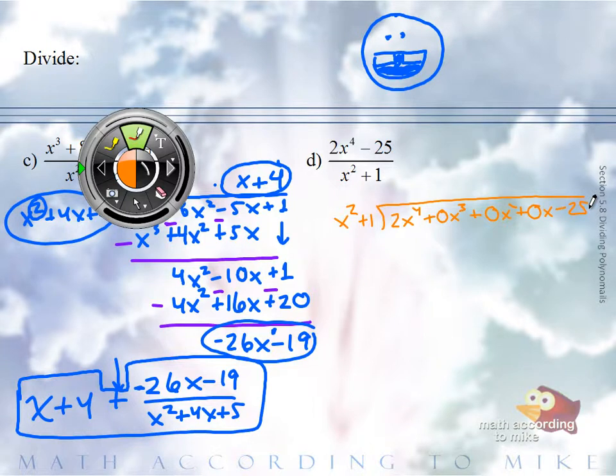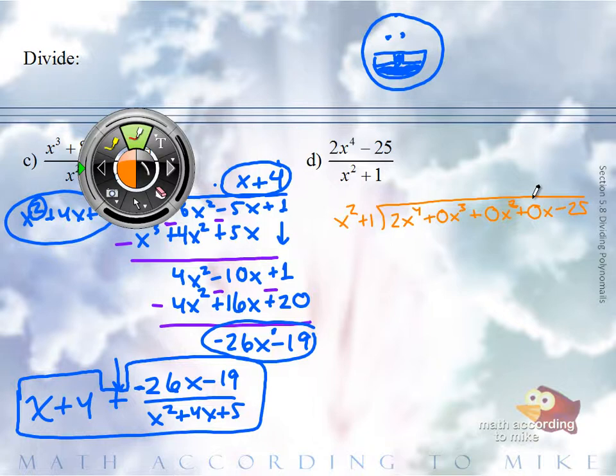That's the setup. I know that 2 is like really pathetic. It looks terrible now. So since we have no cubic, no squared, no x term, we had to put placeholders in.